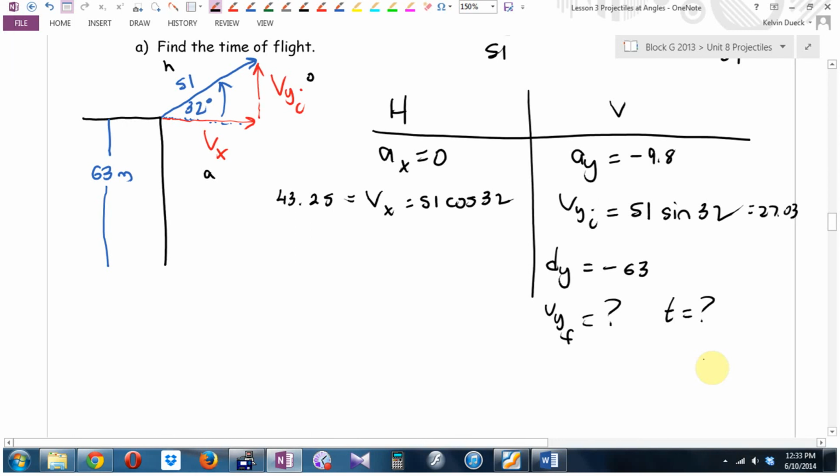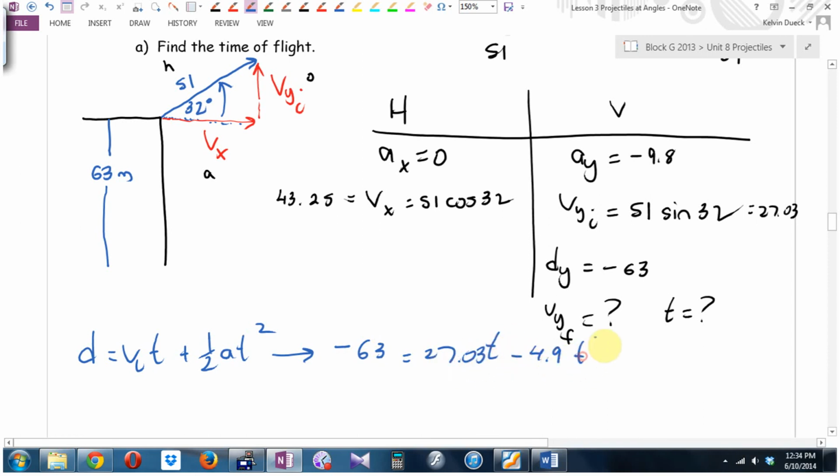One way to solve this would be to look for an equation that has d, vi, a, and t in it, which would then become negative 63 equals 27.03 t minus 4.9 t squared.